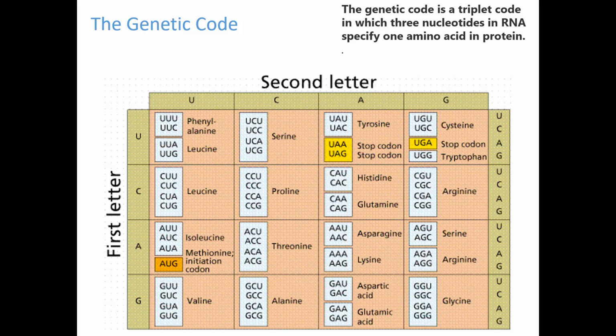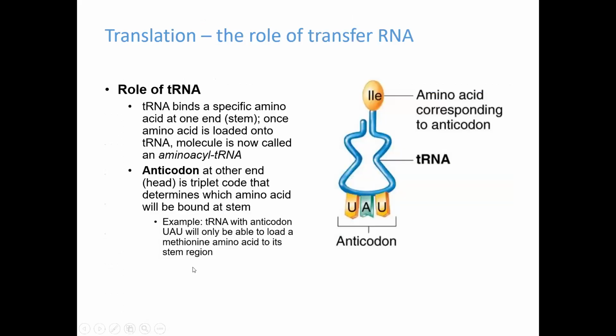And then the codon in the RNA strand specifies the amino acid. Okay. Now, transfer RNA here brings the amino acid to the ribosome.